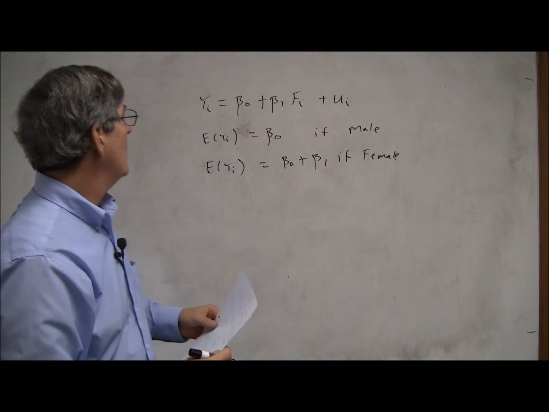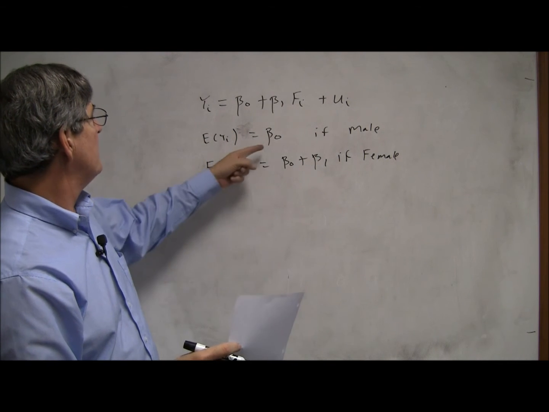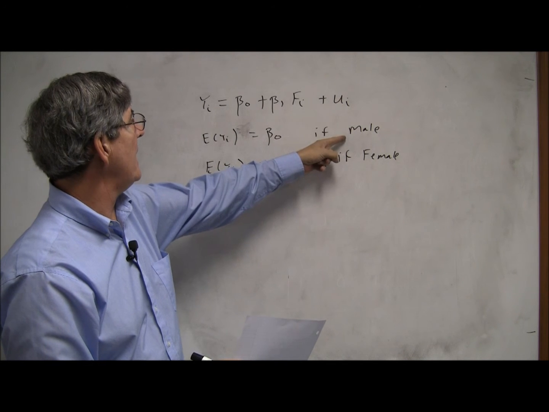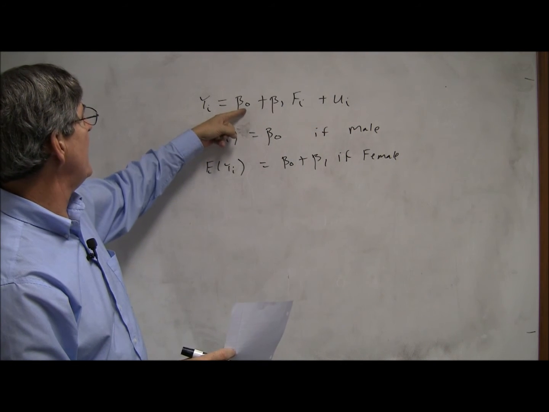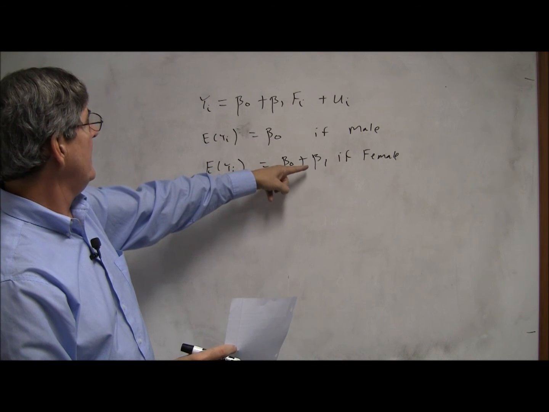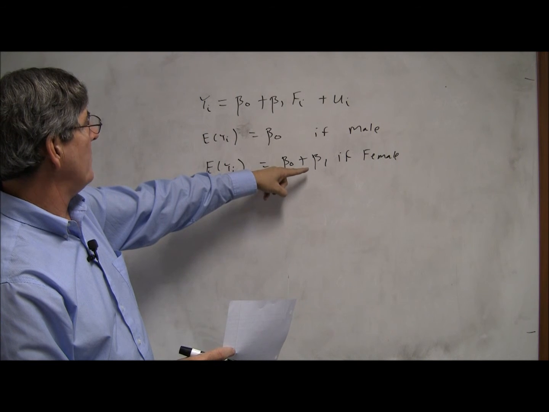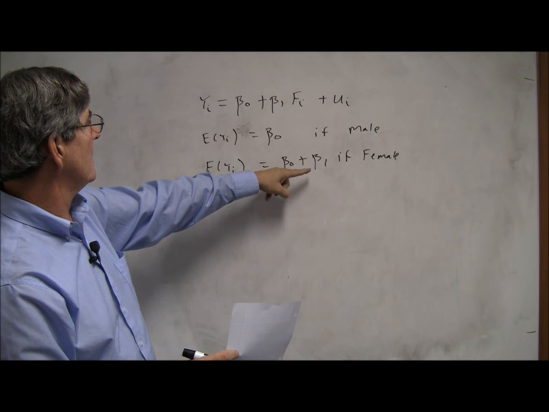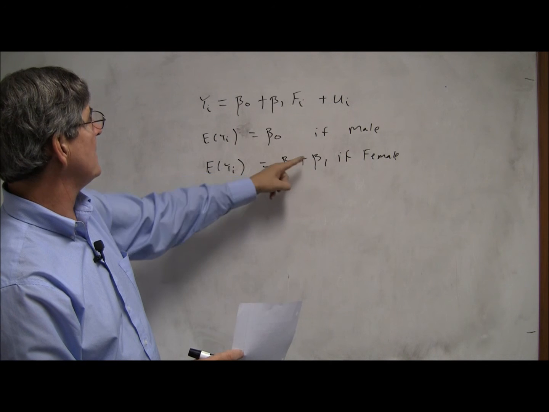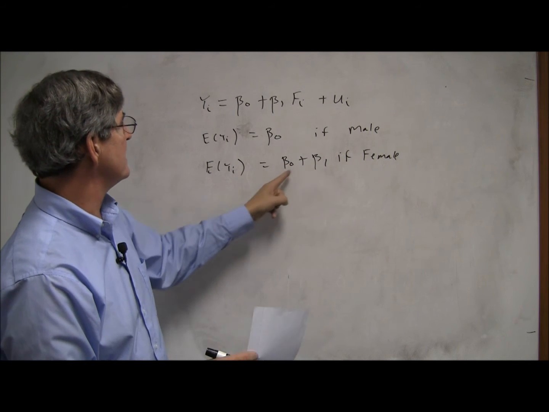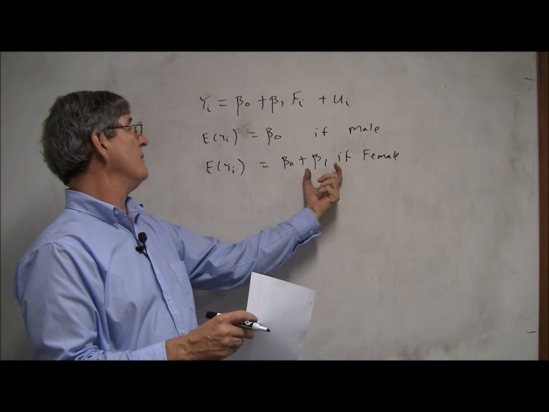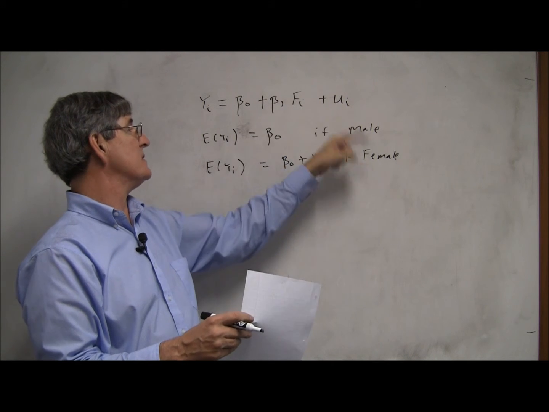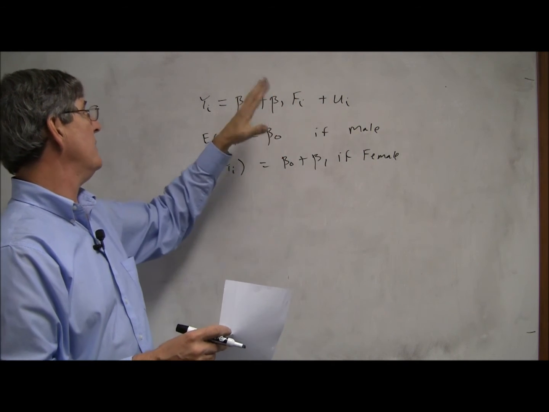And so when I do this, beta 0 is going to capture the effect for males. And beta 1 is just going to be the incremental effect over beta 0. It's going to be the difference in the two. And so beta 1 would be the way you would test if there's any difference between males and females.